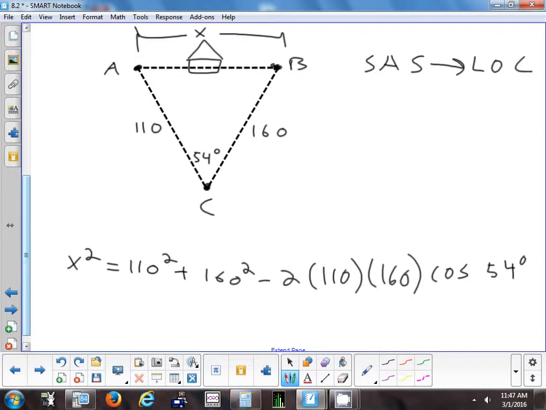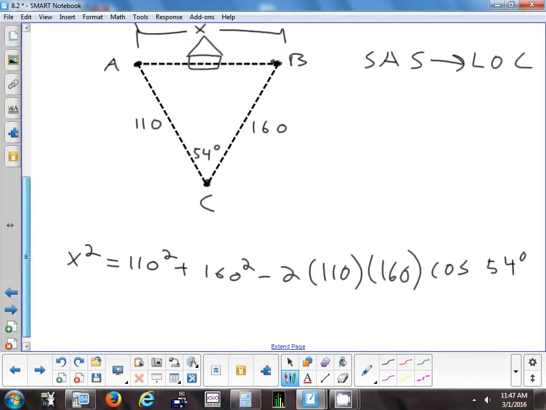This one is more of an arithmetic than an algebra problem because the variable is already by itself. We're just going to end up multiplying, adding, and then taking a square root.